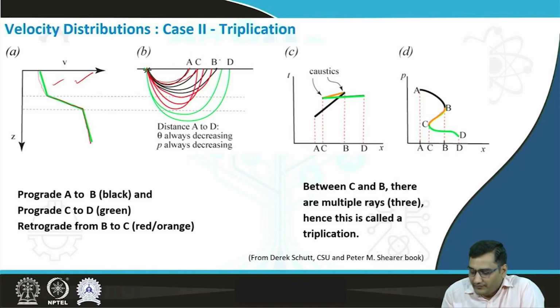If you go from A to B, there will be a decrease in the ray parameter. And when you go from C to D, there is again a decrease in the ray parameter.